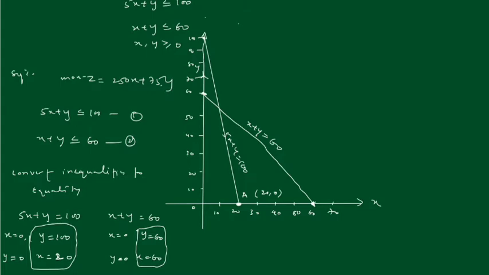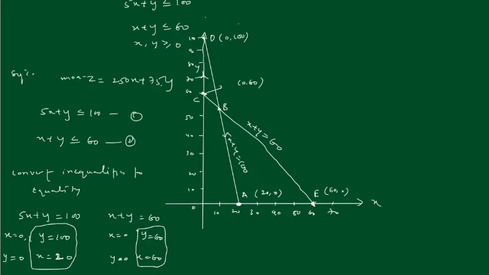This point of intersection what we have taken, it is B. This point is taken as C. We will take this point as D, and this point as E. E is also 60 comma 0, whereas point C is 0 comma 60, and point D is 0 comma 100.